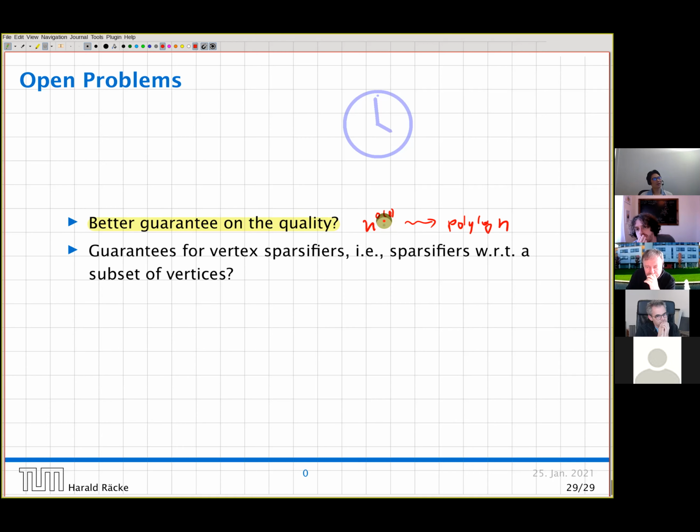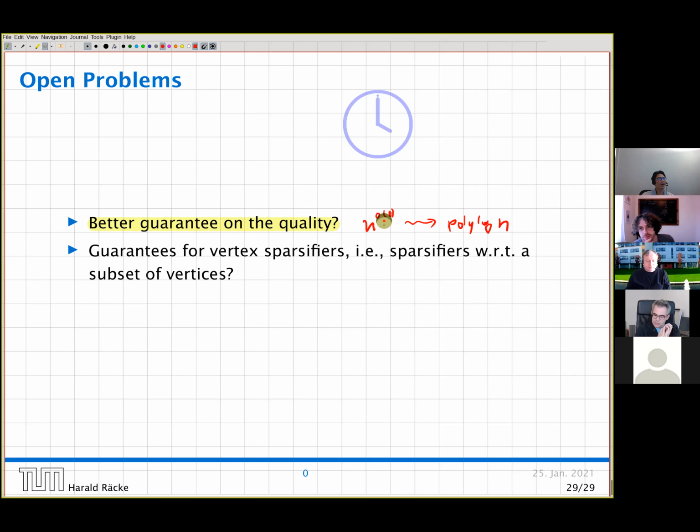Or even that is not clear? Even that is not clear. But this is a good question. So basically, don't care about the running time for now, but ask, can you actually get away with a few updates, a few changes? But I don't know of an argument for this.